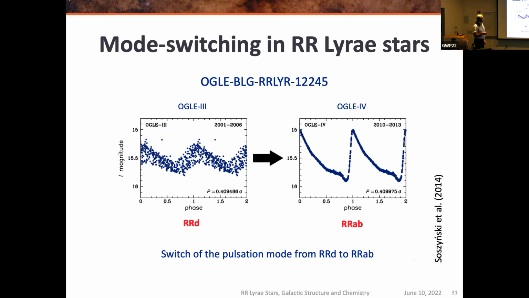Another interesting object, an RR Lyrae star that switched its pulsation mode. This is the same star, the same light curves of the same star. It was an RRd star, a double mode RRd star, and it became a single mode RRab star. We found it on a very short time scale, just a few months.